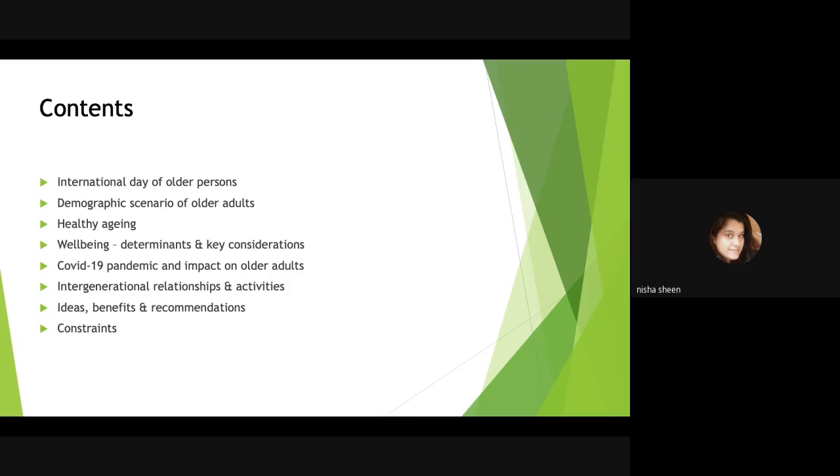Meanwhile, the continued prevalence of communicable diseases as well as non-communicable diseases and lifestyle diseases also contribute to the decline of the older person's health and well-being. On top of that, the unprecedented challenges and changes due to the emergence of COVID-19 has caused an upheaval across the world.